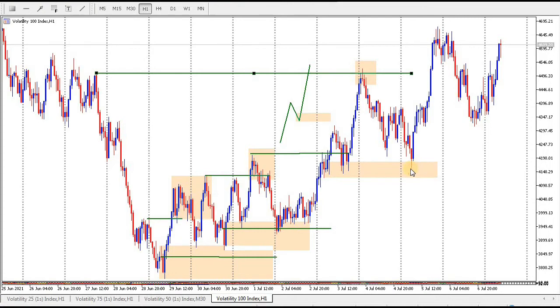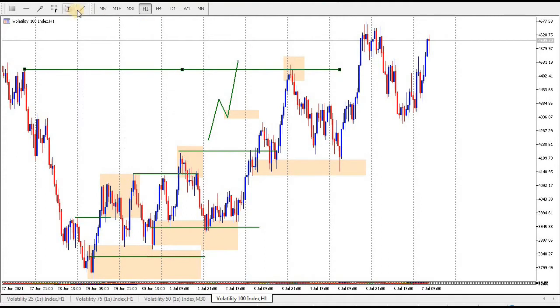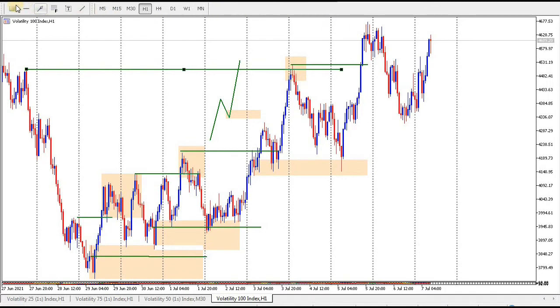And then the dealer just came back and took the orders and shifted the market from that zone going way up. Now the dealer have also taken out the previous high, as you can see, creating a new high here. As you can see, this was our new high.